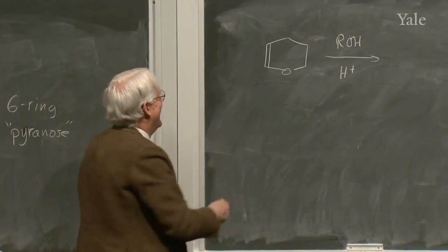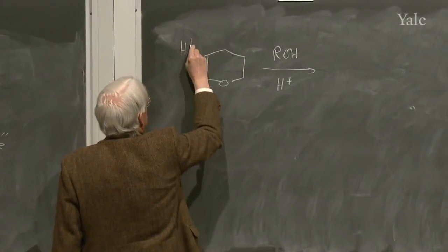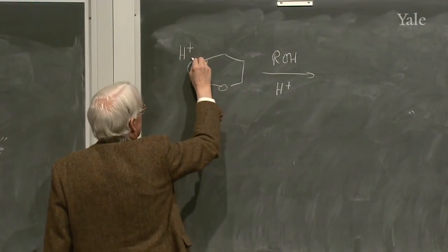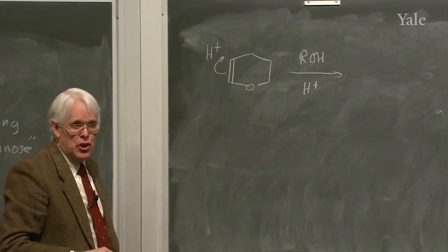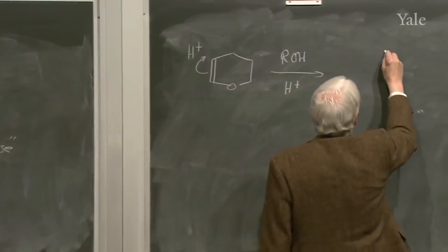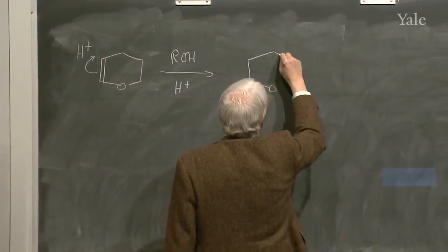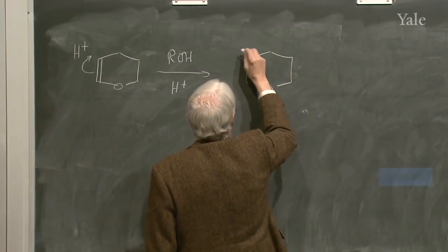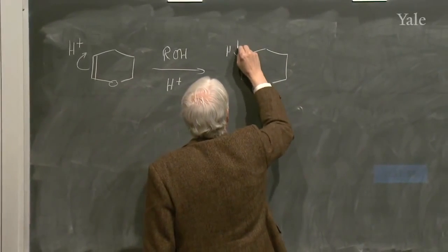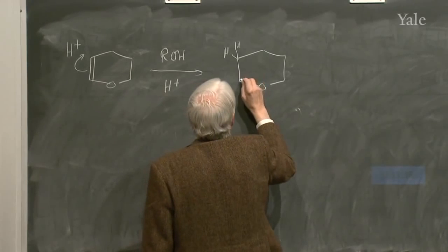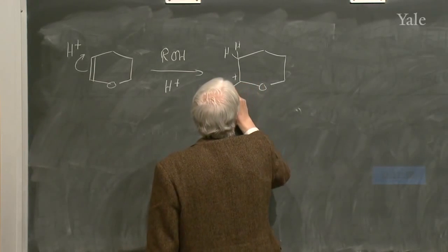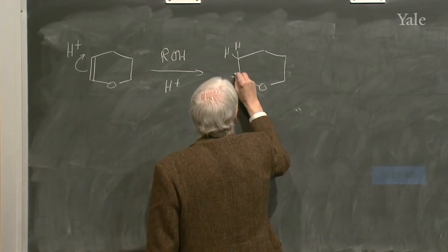Top. Okay, if we put the H plus here, why is that good? Got the H here. There are now two H's there, of course. There was one there already. What's good about that cation?